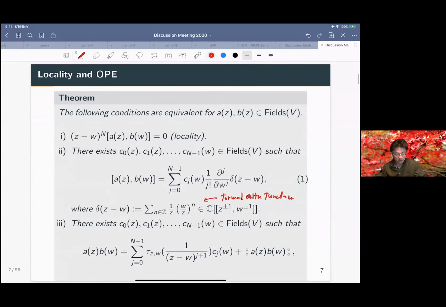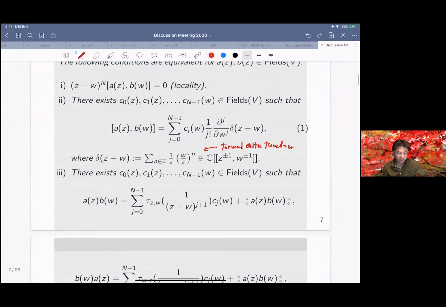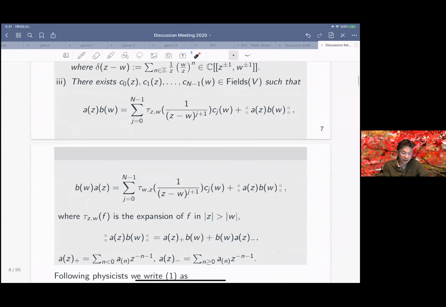And it can also be phrased as follows. So now there are two conditions. If you consider A(z)B(w), this can be expanded in a similar way. So here, the expression is an expansion of this function in the region where z is bigger than w.